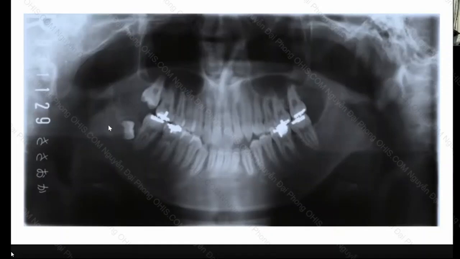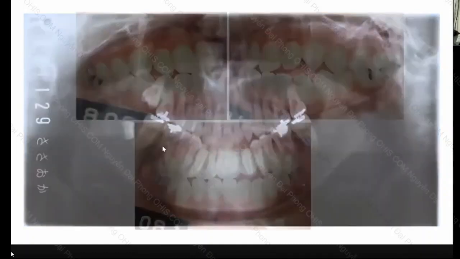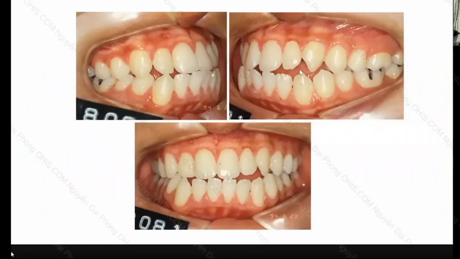But if you see his occlusion, the right side is more class 3. Anyway, both sides are class 3, but the right side is more class 3. And anteriorly it is a little bit open, right?